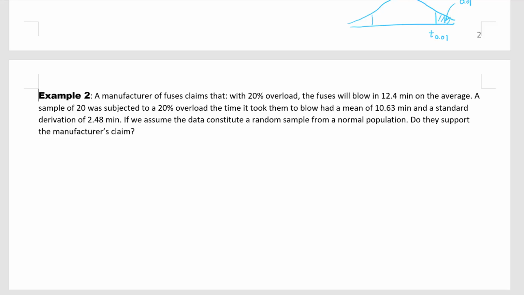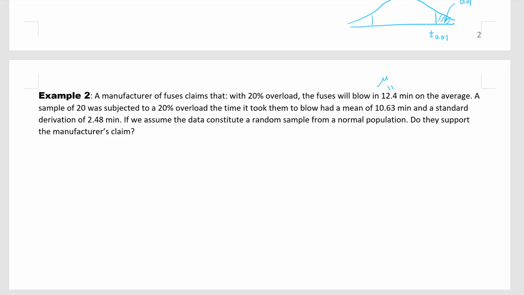Let's identify the numbers. The 20% overload, this 20 is not a sample size, so we don't need that. It will blow in 12.4 minutes on average, so this is the population mean.